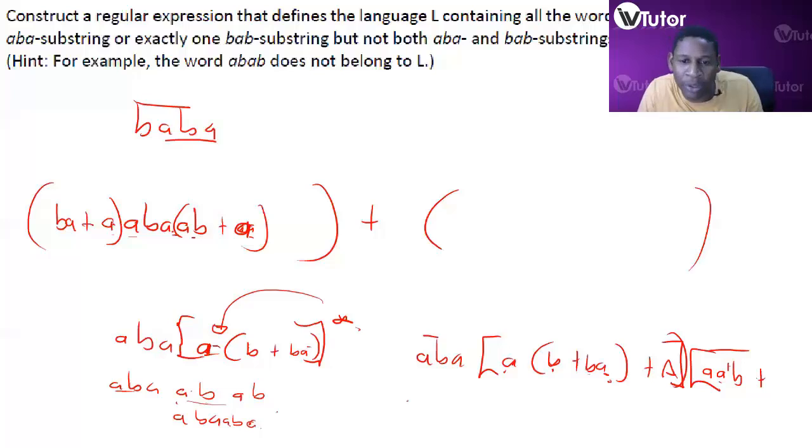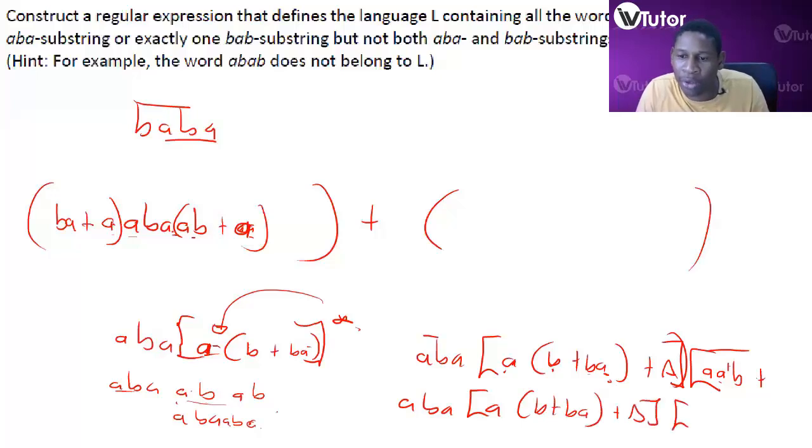So we are simply going to have A, B, or BA, or then we're going to have A plus B, or A plus, like that.